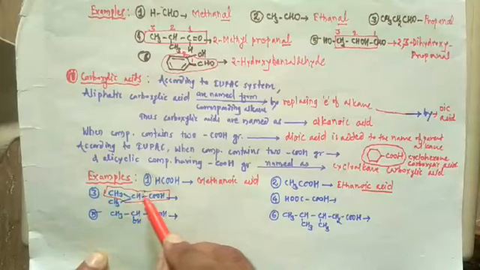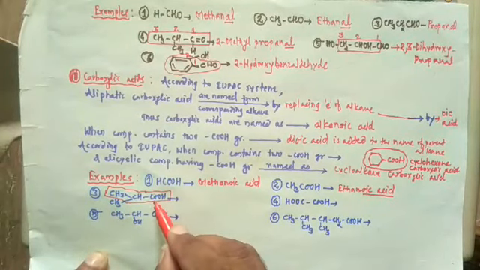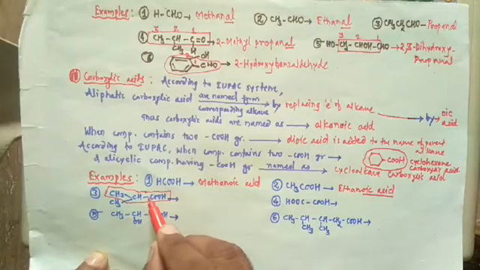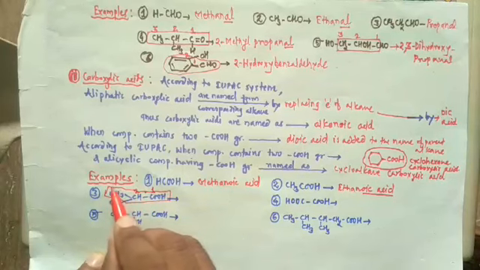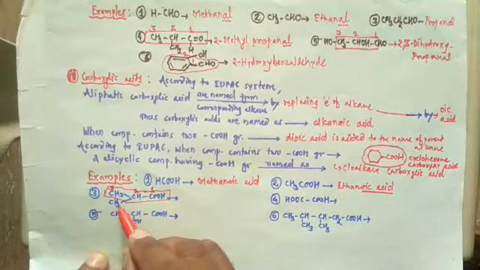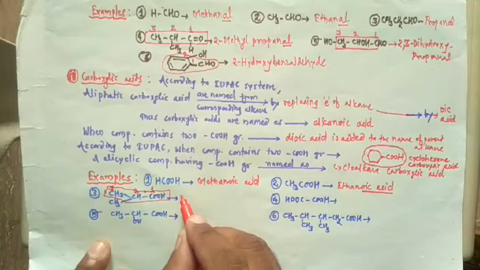After selecting the carbon chain, we have to number it. The carboxyl carbon is number 1, then this is 2 and this is 3. On the second carbon atom a side chain is present, and that side chain is a methyl group. So we can write its IUPAC name as 2-methyl.